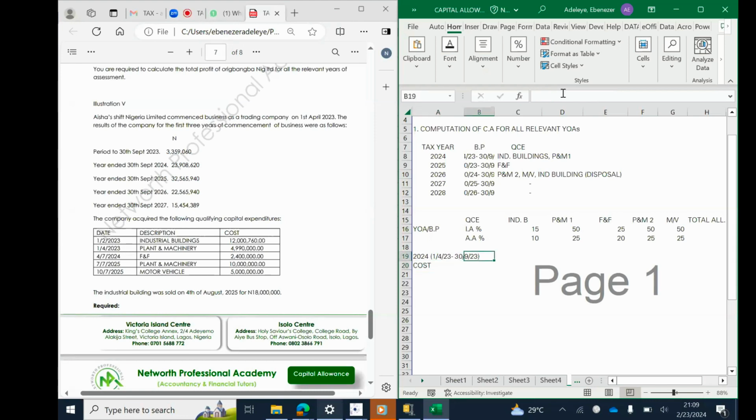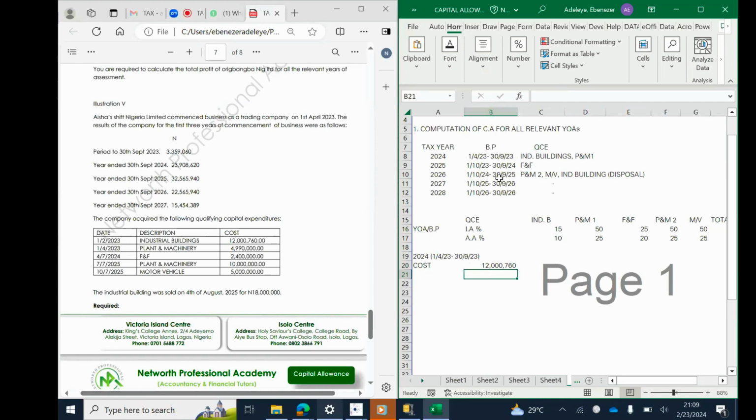All right, so what will be the cost for industrial building? We have industrial building in that first year and plant and machinery in that first year. What is our cost? 12 million, 760,000. Am I correct, please?